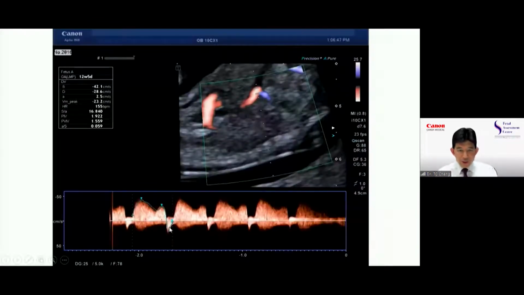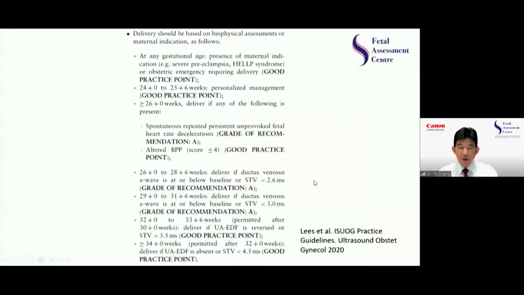So what we're trying to do is to look out for absent or reverse flow during atrial systole, and this is an example of a ductus venosus with a reverse flow during atrial systole. And this is a very serious diagnosis to make, actually, because this means that delivery has to be contemplated at an even earlier gestation.